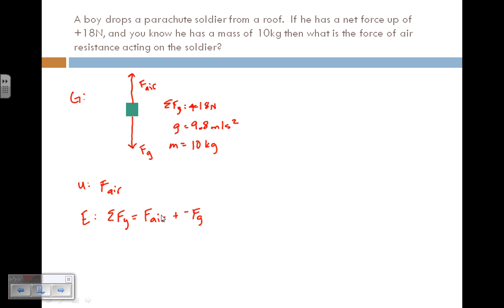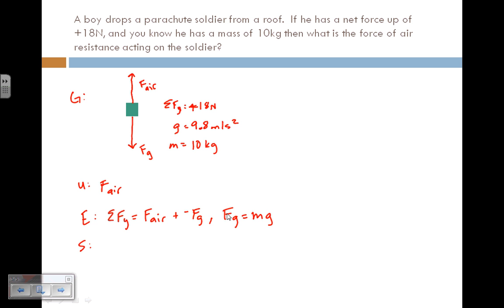To actually make this calculation, we know this is positive 18. We know that we're trying to find the force of air resistance, so we're going to have to actually calculate the force from gravity. The equation for calculating the force from gravity is just F equals ma, but instead of doing ma, we'll do m times little g because it's acceleration from gravity. So we'll get the force from gravity, we'll plug it in here with the net force of 18, and we'll solve for the force of air resistance.